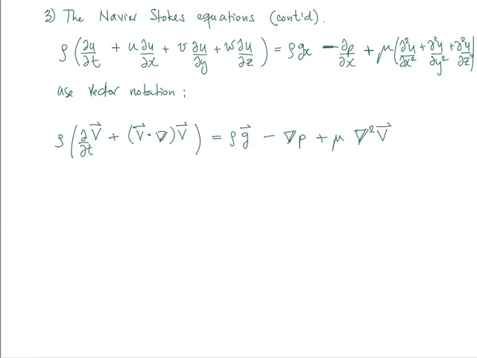So this is our vector form of the Navier-Stokes equations for a Newtonian fluid with the assumption of incompressibility, rho equals constant, so incompressible Navier-Stokes. We've also assumed isothermal conditions, and that the viscosity is a constant.